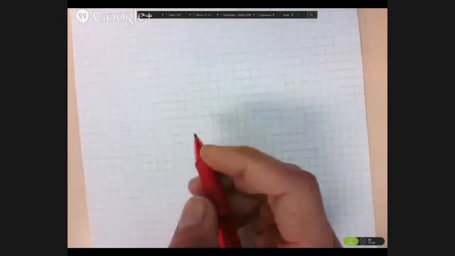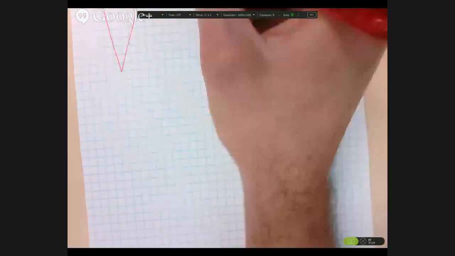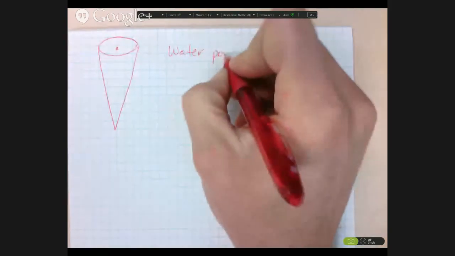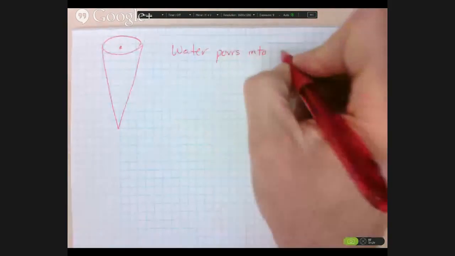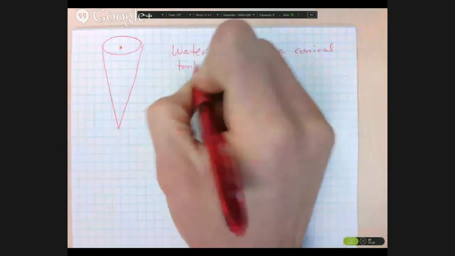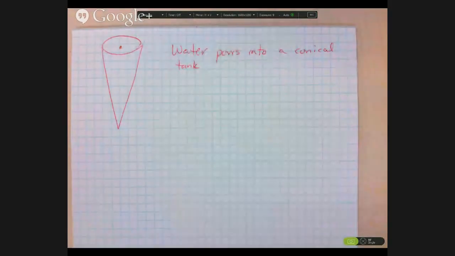Okay, let's do a conical tank. Okay, water pours into a conical tank, which is the most commonly used shape for tanks above ground.